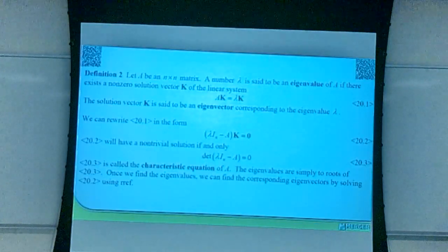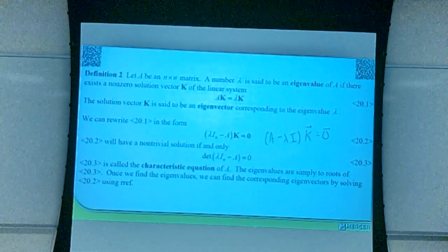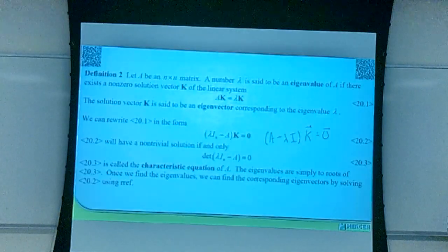The technique we're going to be using, we need it to be A minus lambda I. And obviously then this determinant would be A minus lambda I equals 0. That is called your characteristic equation.